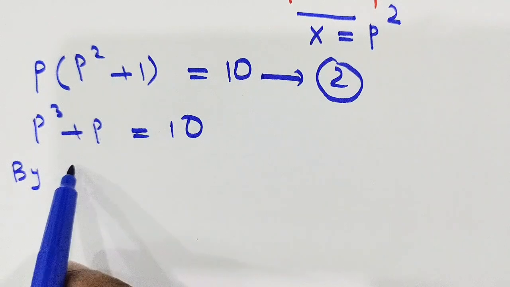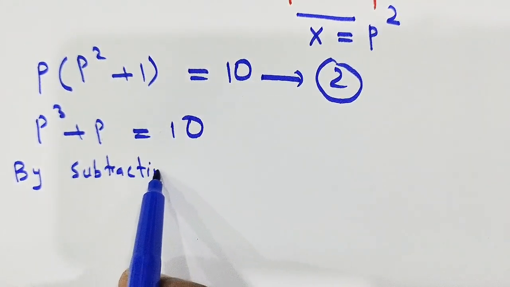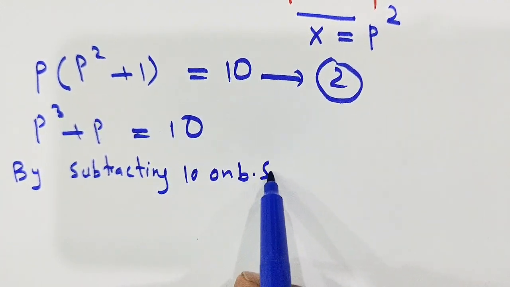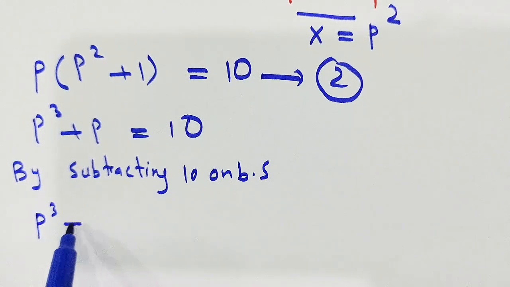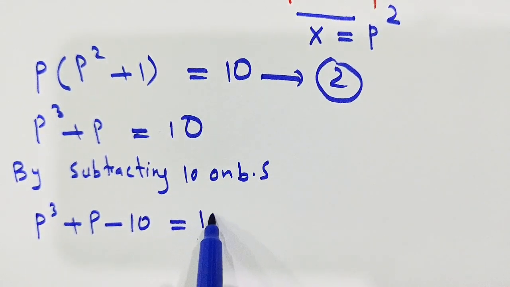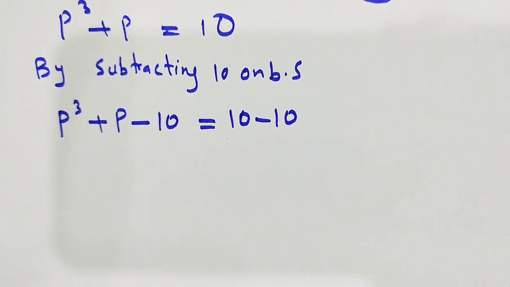Now if p cube plus p is equal to 10, by subtracting 10 on both sides, we have p cube plus p minus 10 is equal to 10 minus 10. Now what can we further do with this?